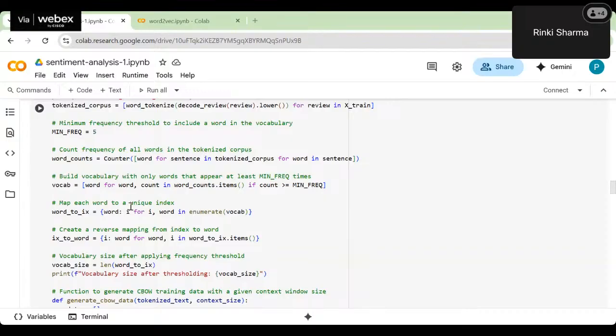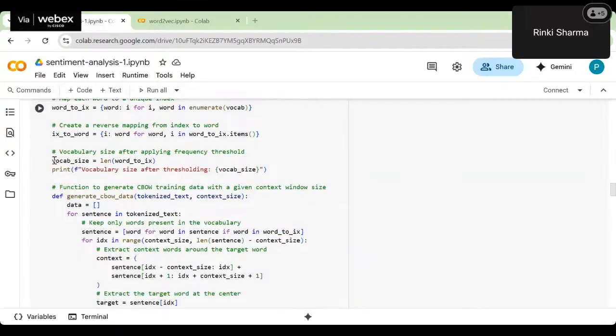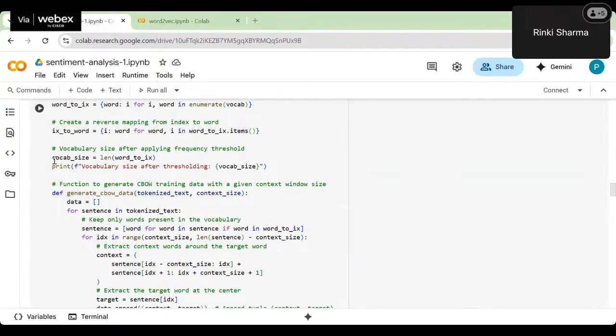After defining our vocabulary, these are the word to index mapping and the reverse index to word mapping functions that we have already discussed. As we discussed, we have 50,000 movie reviews. After applying the threshold to the vocabulary size, we print our vocabulary size like this. Now we generate the training pairs for the CBOW model.